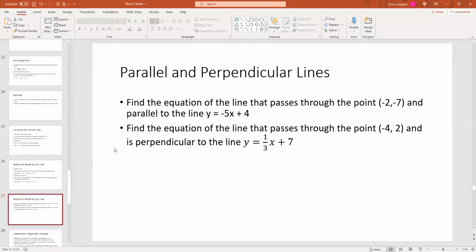So let's talk about how we can deal with this. Sometimes I know information about a line, and I want to find a line that might be parallel or perpendicular to it that goes through another point.